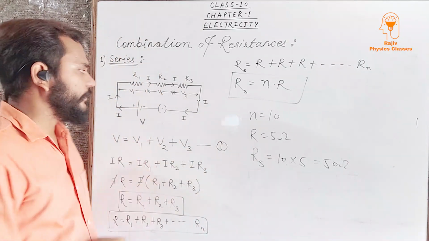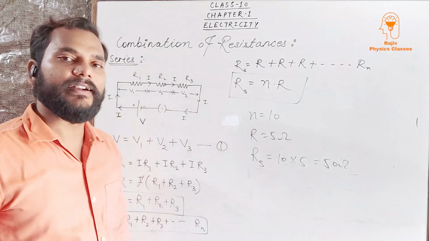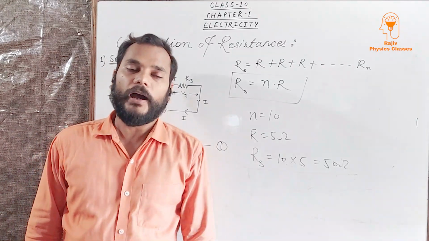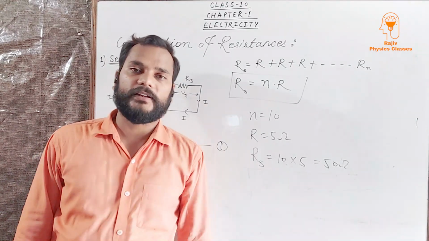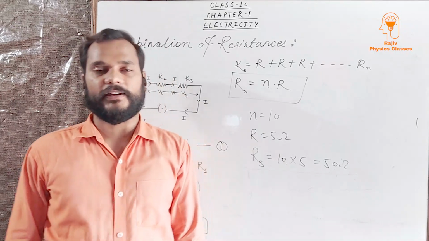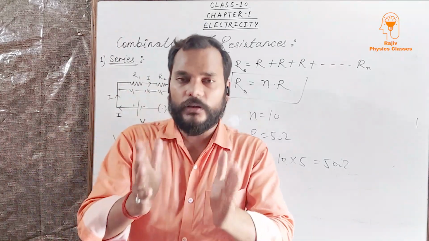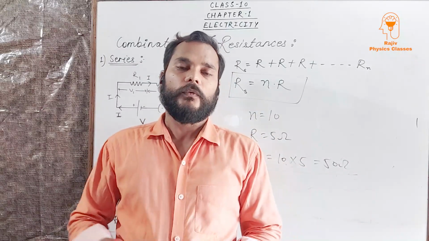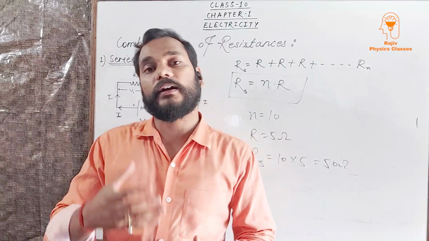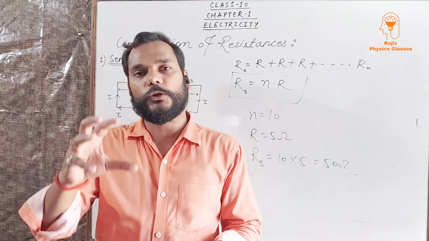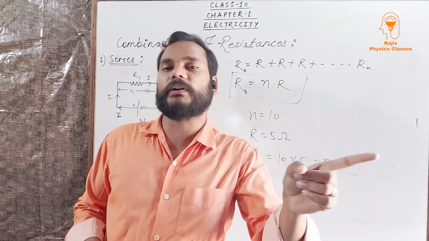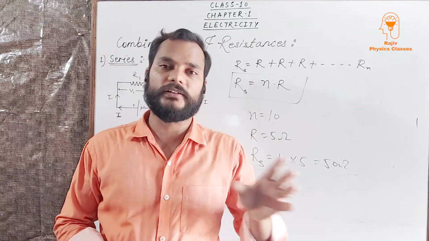Why is a voltmeter always connected in parallel in the circuit, while an ammeter is always connected in series in the circuit? This question I'm also giving to all of you, that you go and search. Whenever we want to calculate the current in the circuit, we always use an ammeter, and we always connect the ammeter in series with the load or resistance.